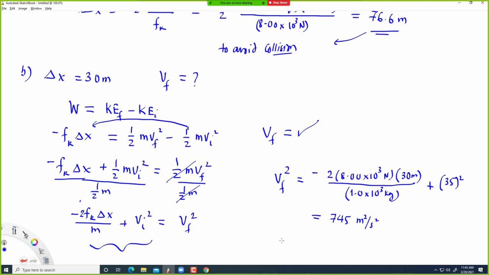And then for velocity, you can take the square root of that, square root of 745. So that gives us 27.3 meters per second. So the collision will occur at that speed if the distance is 30 meters.